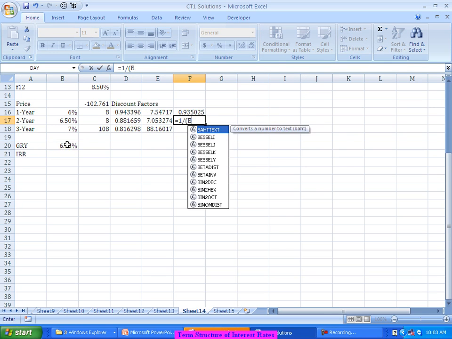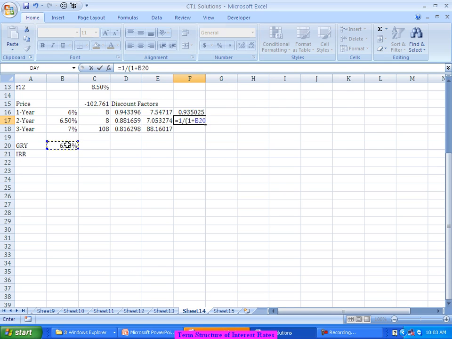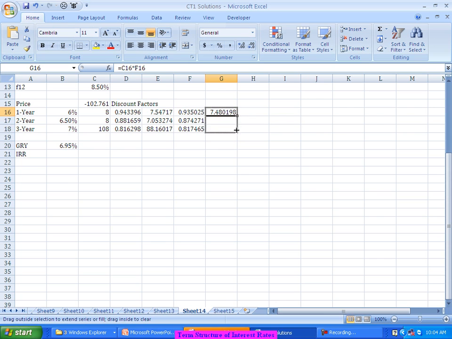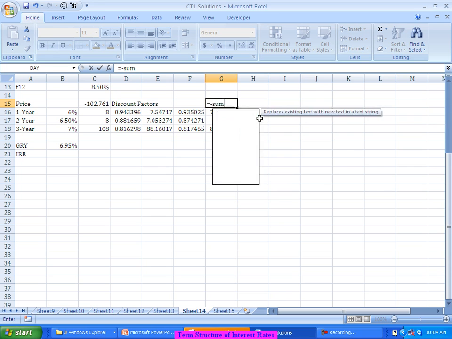This is the discount factor based on 6.95 for 2 years. And this is the discount factor based on 6.95 for 3 years. Now if I multiply the cash flows with the discount factors, the price should be the same. Even if I am doing this kind of work, the price should be the same.